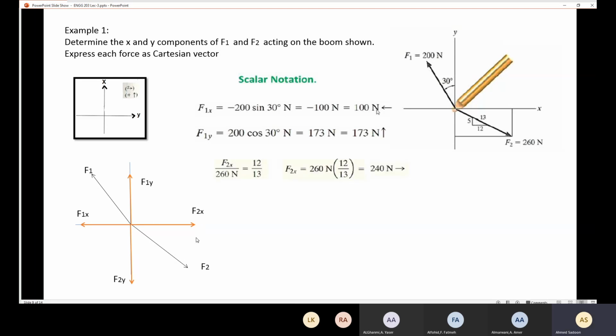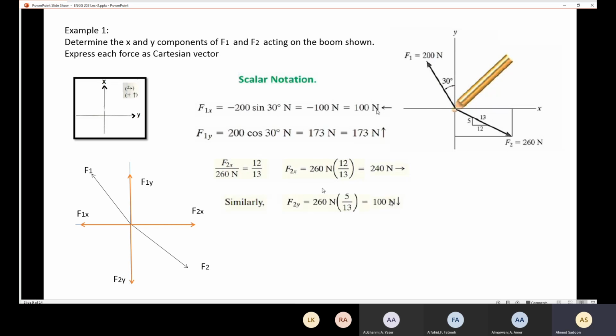So in order to calculate F2x, I will say F2x over 260, which is F2, is going to equal 12 over 13. Then I will put this to the right hand side, and F2x came out to be 240 Newton. I can do the same thing with F2y.